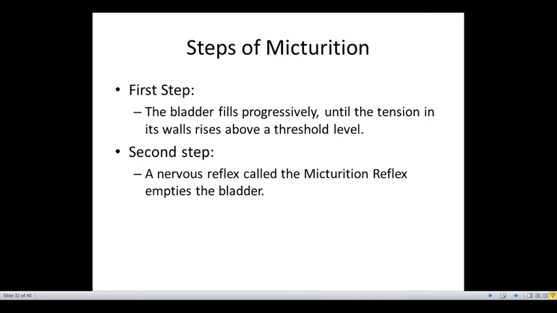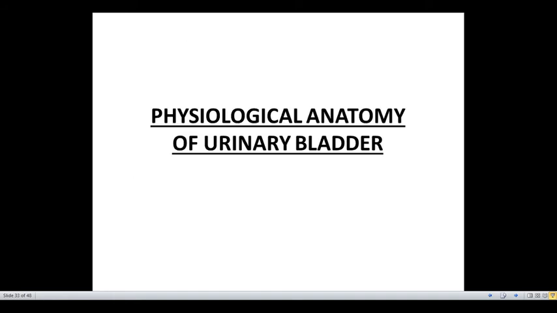To understand micturition and the micturition reflex, it is important to go through the salient features regarding the physiological anatomy of urinary bladder.